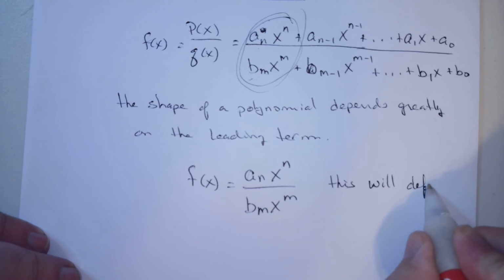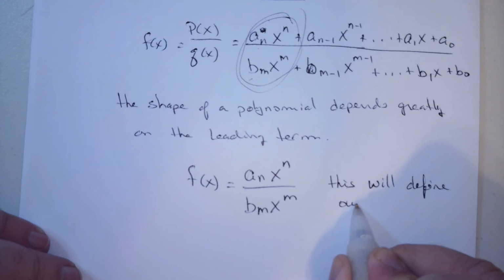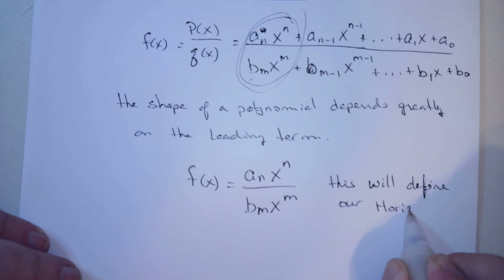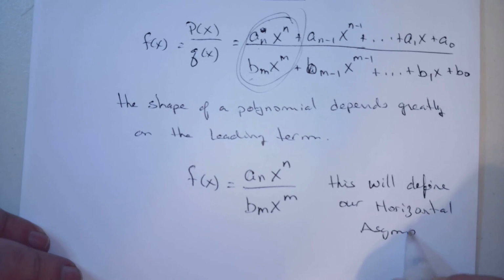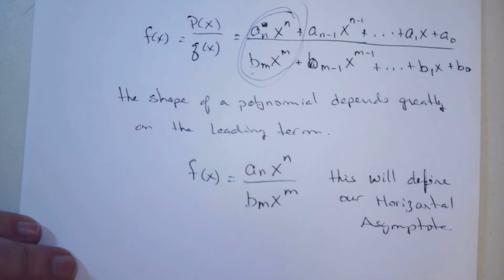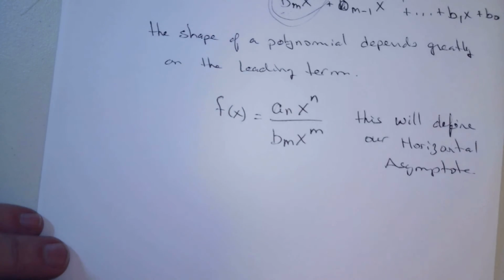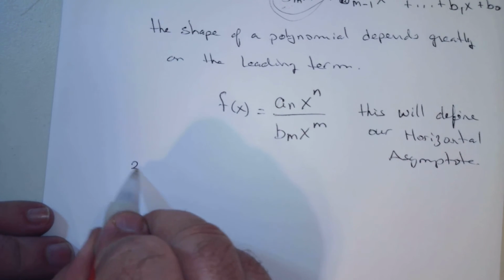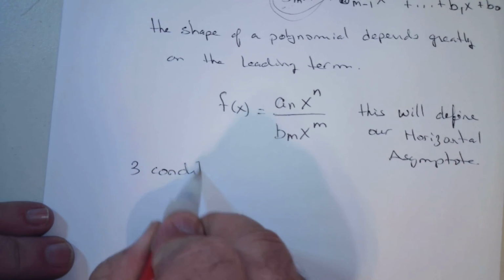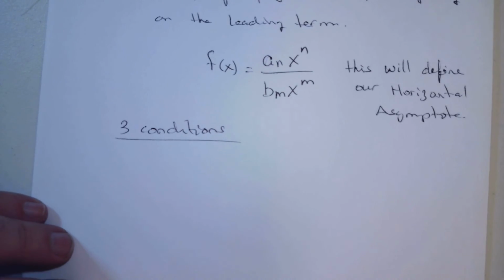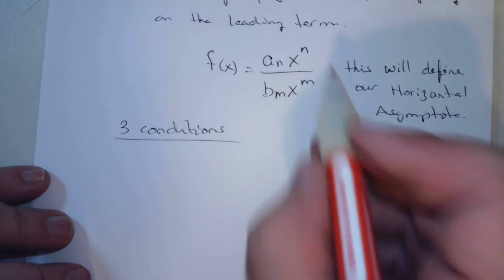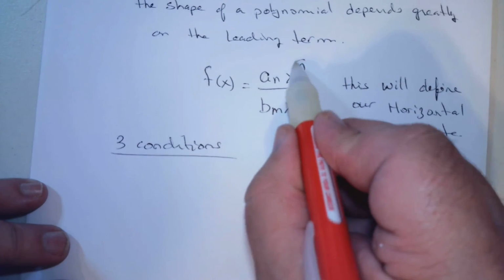This will define our horizontal asymptote. Three conditions, looking at the exponents.